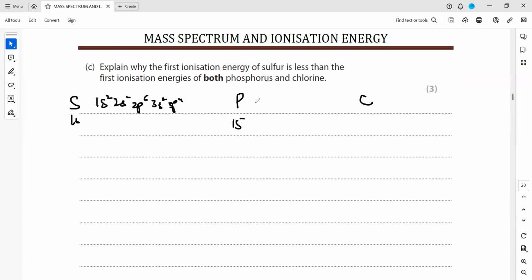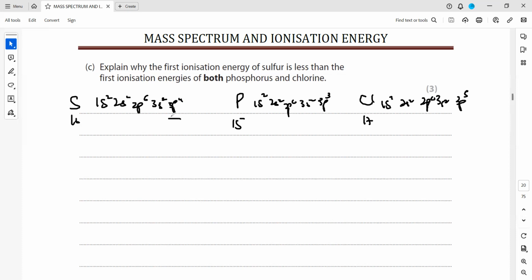Phosphorus is 15, so 1s2, 2s2, 2p6, 3s2, 3p3. And chlorine is 17, 1s2, 2s2, 2p6, 3s2, 3p5.